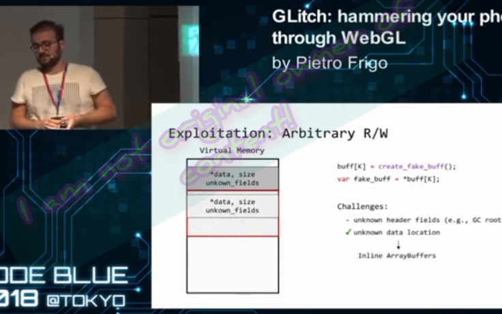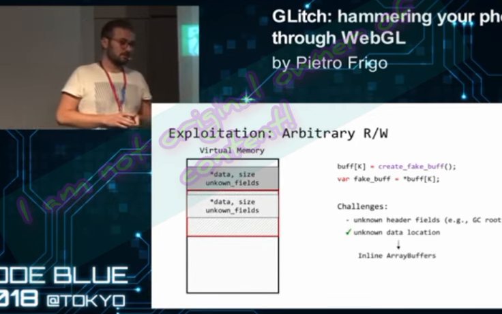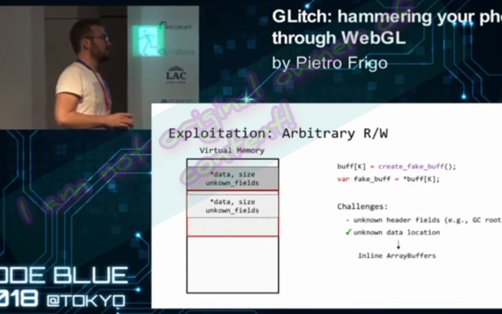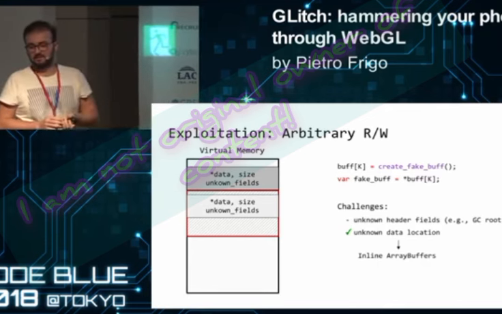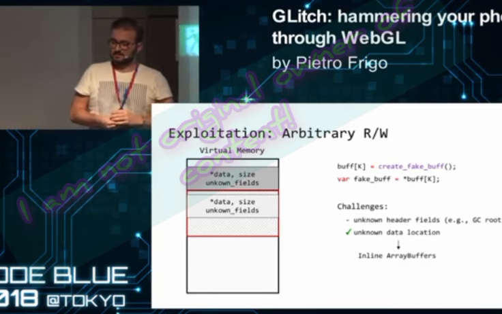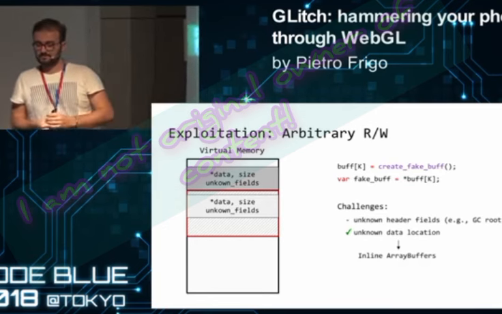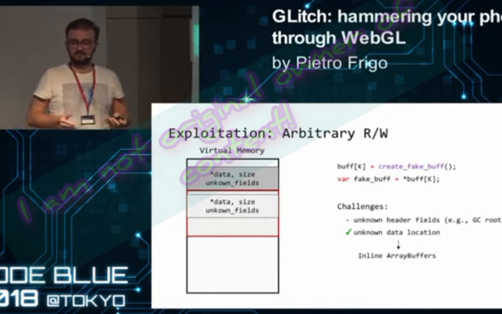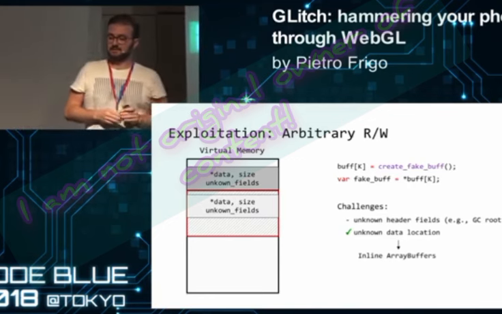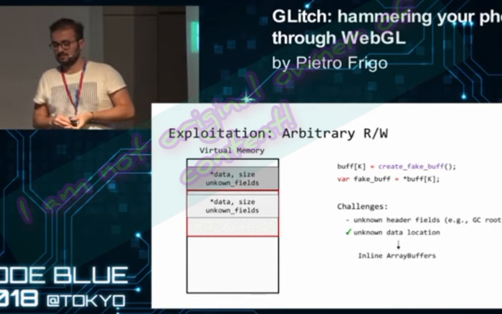So to solve the second challenge, we can use inline array buffers, which are array buffers that are created for values less than 96 bytes, I think, if I remember correctly. So if the size of the byte array is less than that value, the header and the data are going to be stored sequentially.